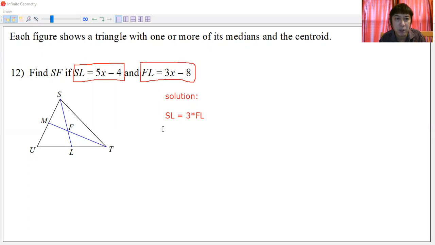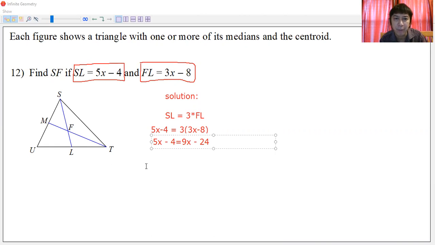This will now be 5x minus 4, and that should be equal to 3 times the quantity FL, which is 3x minus 8. Here's our working equation. Find x first. We cannot divide by 3, so we will expand. We're going to have 5x minus 4 equal to 9x minus 24.